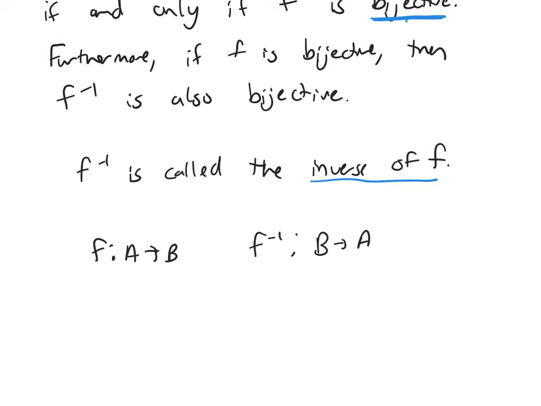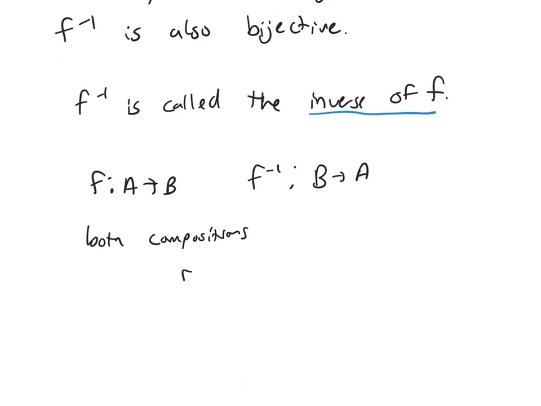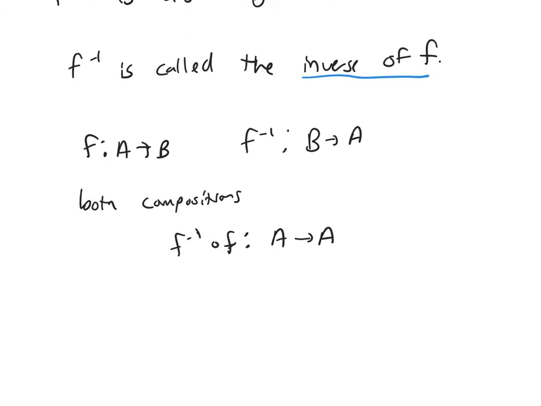And so let's look at both compositions here. So let's look at f inverse composed with f. This is going to be a function from A to A. If I flip it and look at f composed with f inverse, this is a function from B to B. These are both defined.